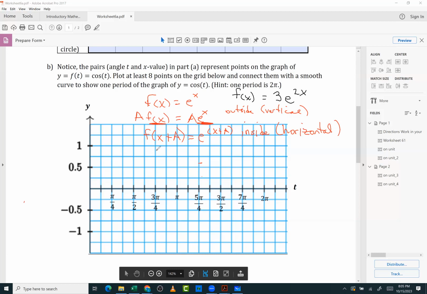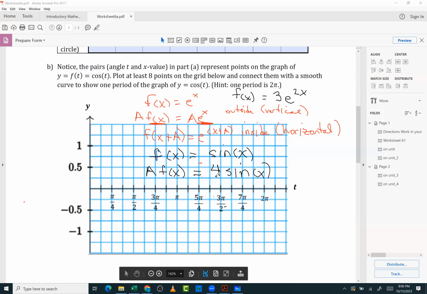Okay, good. So now let's say I have f of x is equal to sine of x, right? Well, if I have a times f of x, that equals 4 sine x, because that's the one we used, right? We can tell now that that's a what? Vertical. It's obvious now, right?